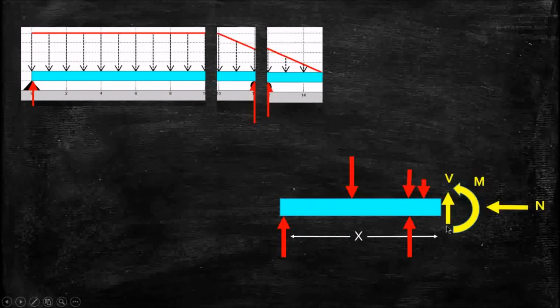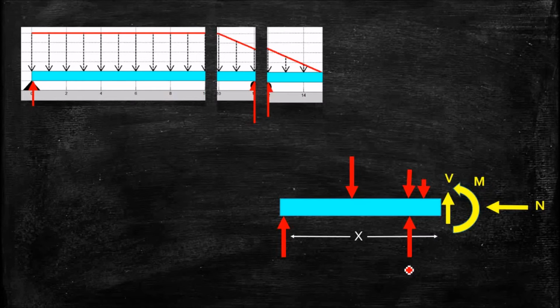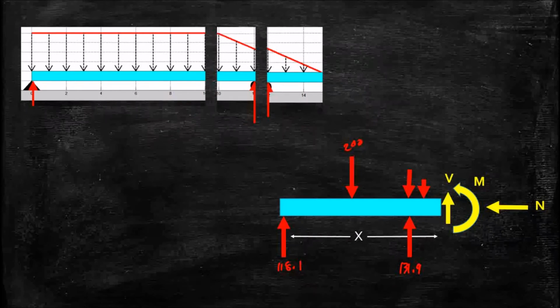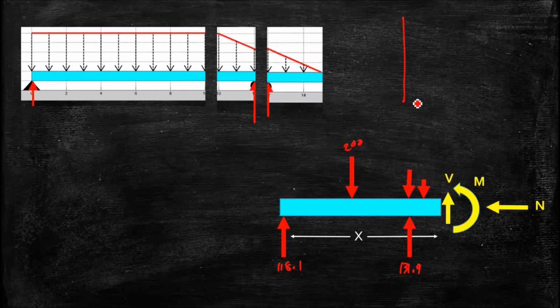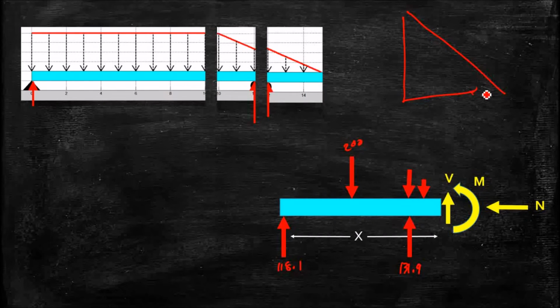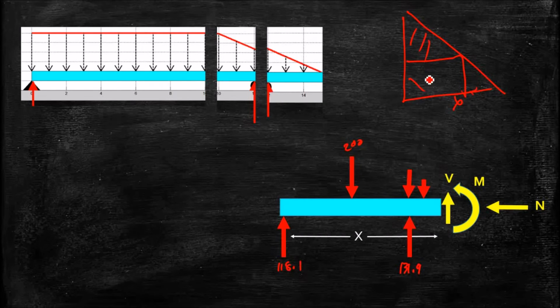Our next section, we add this reaction force of 131.9. My triangle and rectangle loading that I had before, where I was calculating for any value of x, I get a rectangle portion and a triangle portion. Those equations haven't changed, and I can just keep on going.